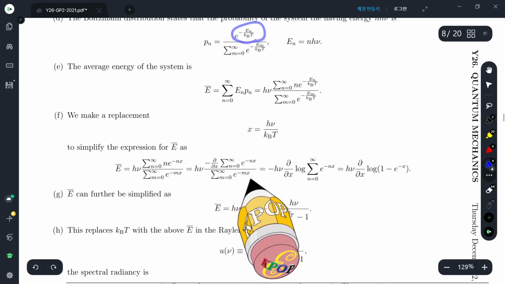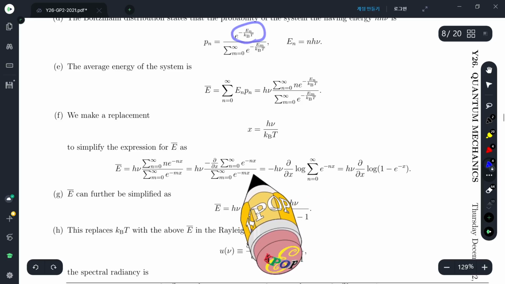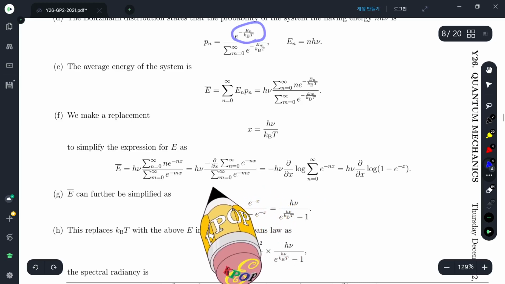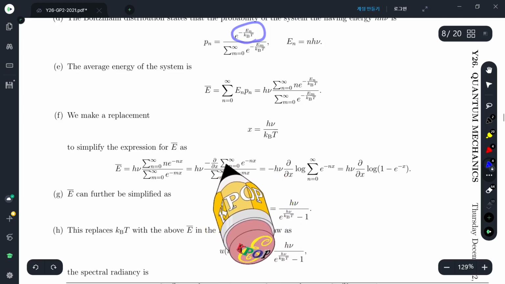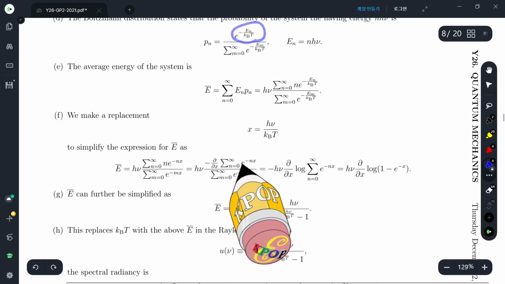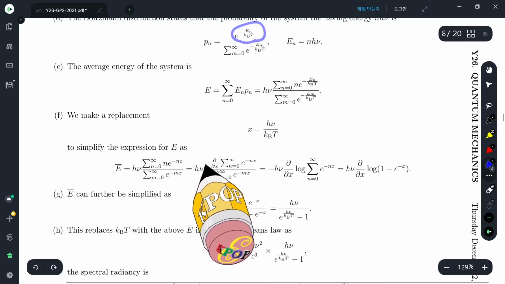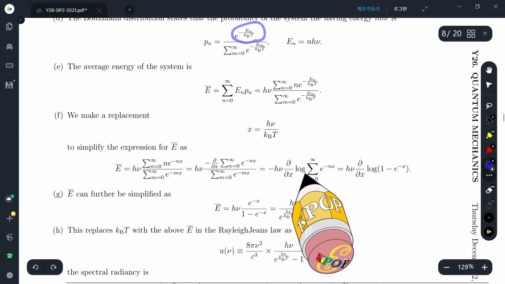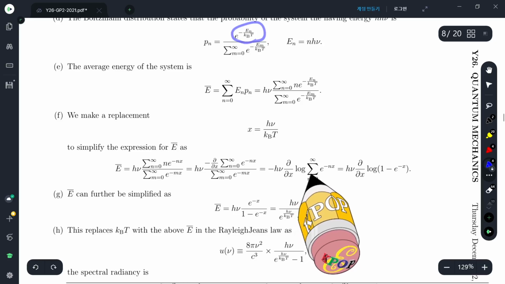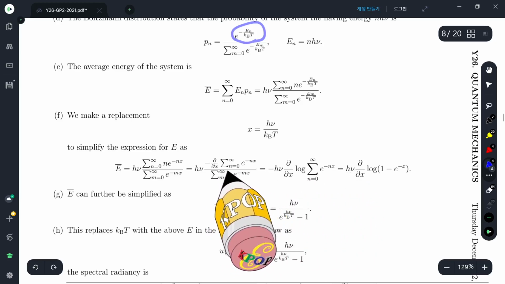therefore, this one can be expressed as, because it's something in the denominator and its derivative is above, that is just a log derivative. So minus x derivative of log, right? And then the argument of log is the sum of these.